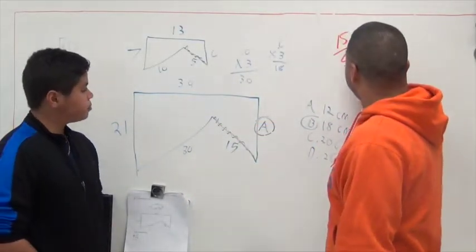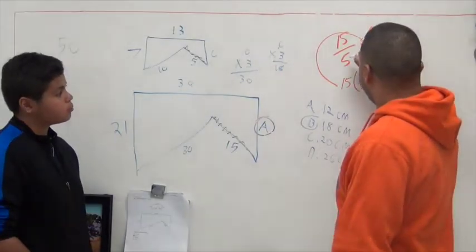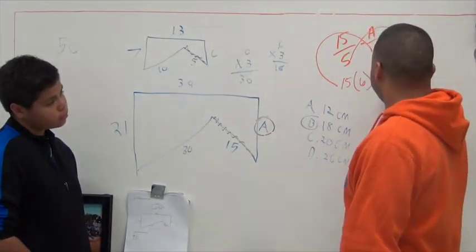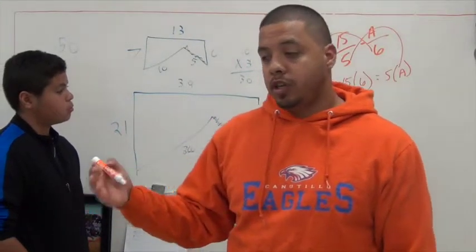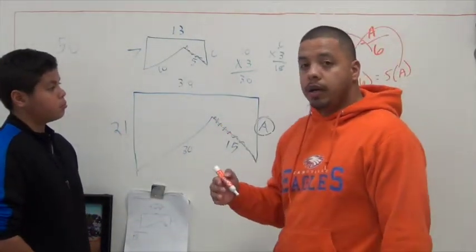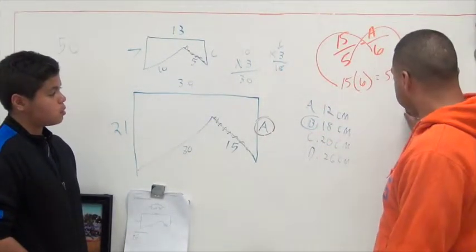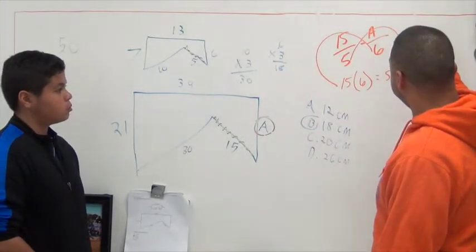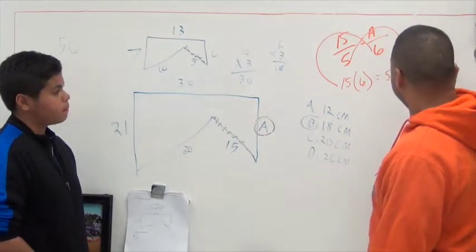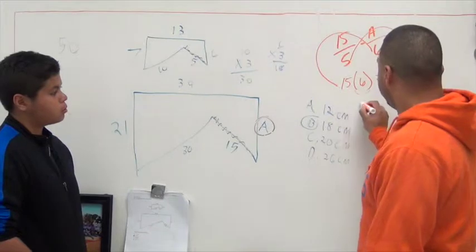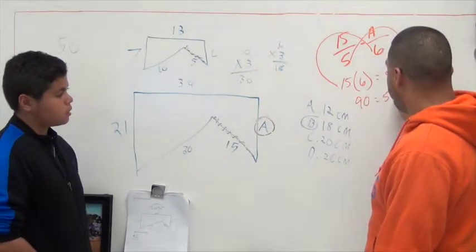So here I'm going to cross multiply, which is 15 times 6, and I'm going to cross multiply here, which is 5 times A. I'm going to go ahead and simplify this equation just so that I have solved my multiplication here. So 15 times 6, and I'll do it to the side, it's 90. So 15 times 6 is 90, and 5 times A gives me 5A.